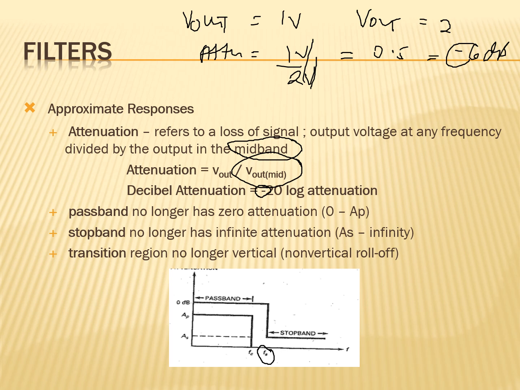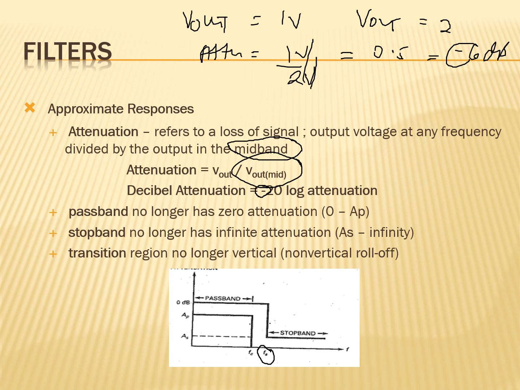And then the transition is no longer the vertical transition that we have seen a while ago. The transition happens between your FC and your FS. Somewhere between your FC and your FS, there is your transition. And as we can see, this is no longer a straight or vertical line. For the pass band, it is no longer zero attenuation.